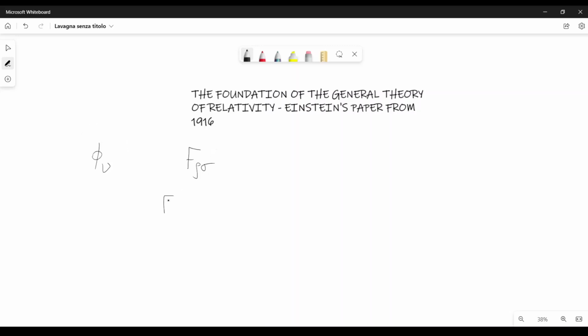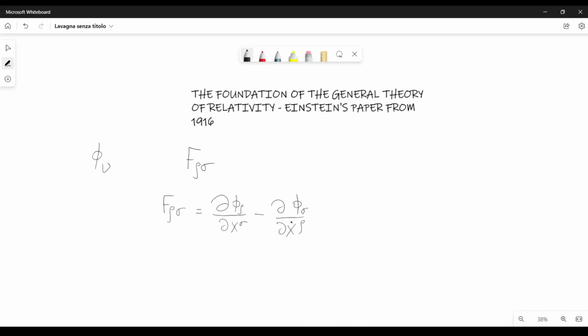In particular, f rho sigma is defined as, we know that the curl written in covariant form can be written like this: derivative of phi rho with respect to x sigma minus derivative of phi sigma with respect to x rho.